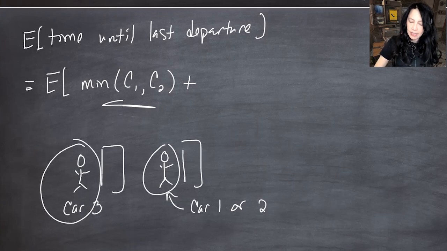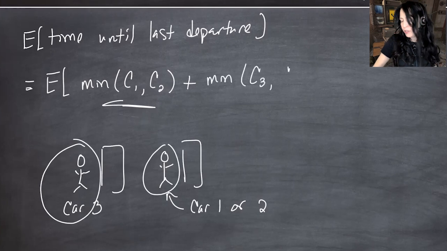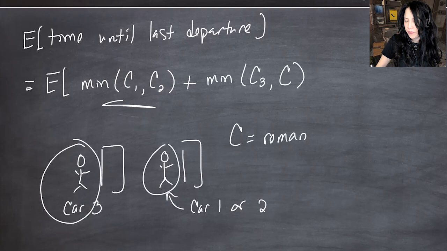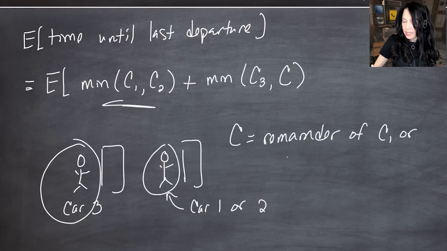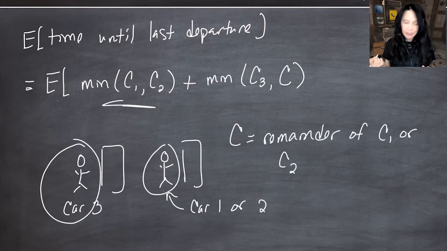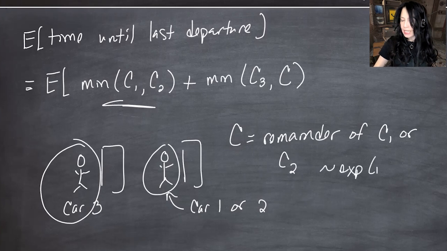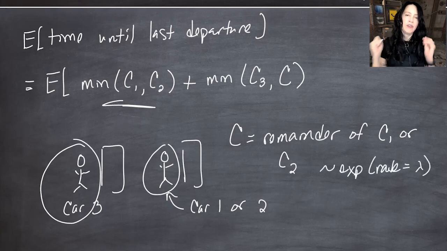So I would say this is the minimum of C3 and what I would call C. So C is the remainder of C1 or C2, depending on who left first. And that, by lack of memory, is still exponential with rate lambda, because we have interrupted an exponential amount of time.